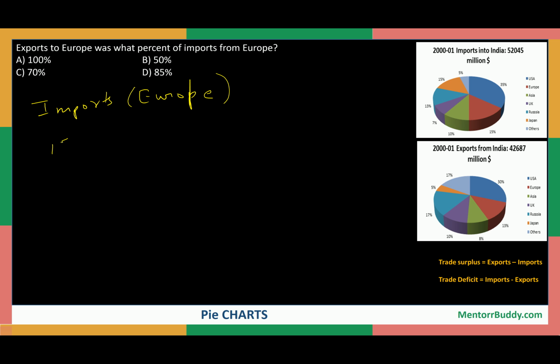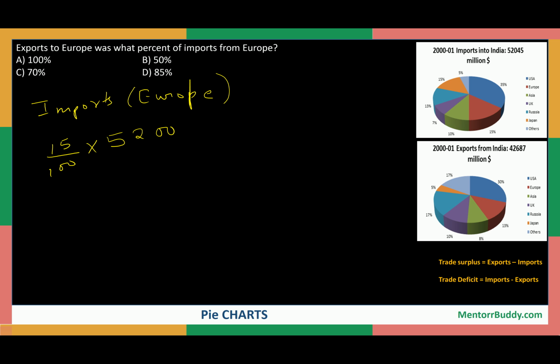So 15% of total value will be 15 upon 100 multiplied by total value, which is 52045. See, we need to find the approximate percentage, so we will take an approximate value. We will take it as 52 instead of 52045. Okay, we have decreased it a little bit, so we will keep this in mind.